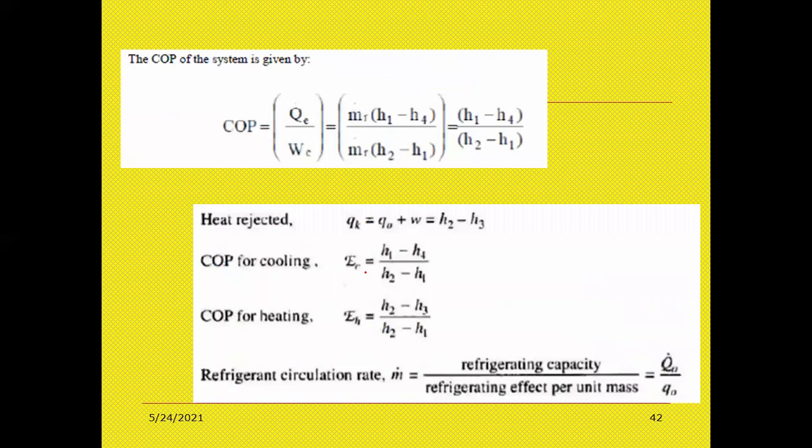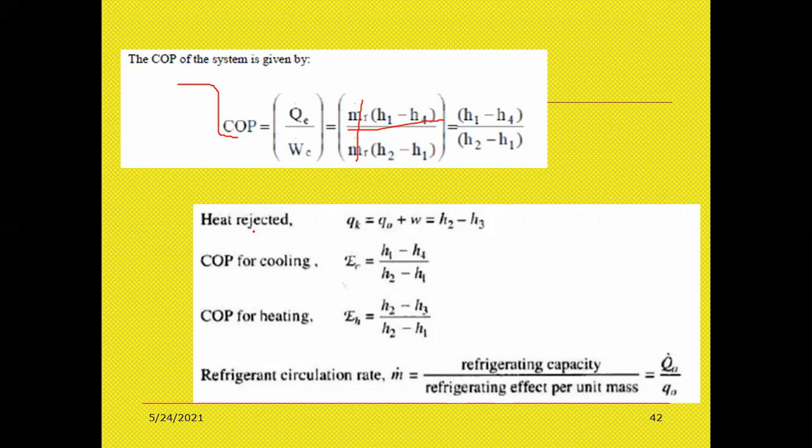Now see, the coefficient of performance of this standard vapor compression refrigeration system is equal to QE divided by WC, that is equal to m times (H1 minus H4) divided by m times (H2 minus H1). If we cancel these two, it is (H1 minus H4) divided by (H2 minus H1).